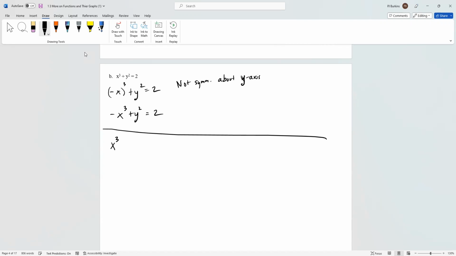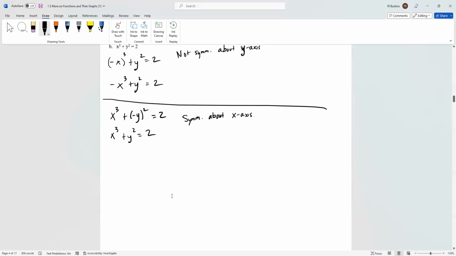Okay. Now we need to plug in a negative y. So I have x cubed plus negative y squared equals 2. All right, so I plug the negative y in there. Negative y squared is positive y squared. That appears to be the exact same thing I started with, so this does have symmetry. All right, so this is symmetric about the x-axis.